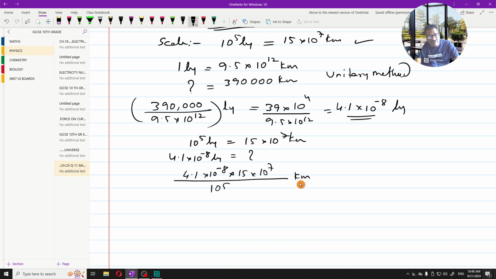Mind you, we have to get the answer in centimeters. Now we'll get the answer in kilometers. So let us first get the answer in kilometers.